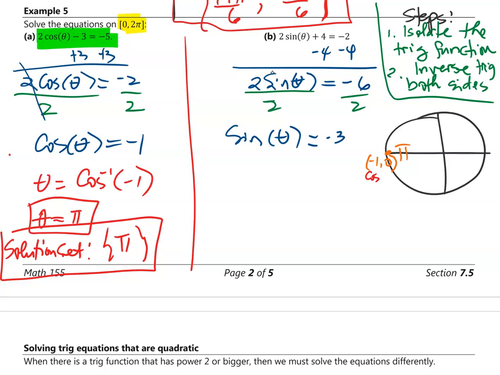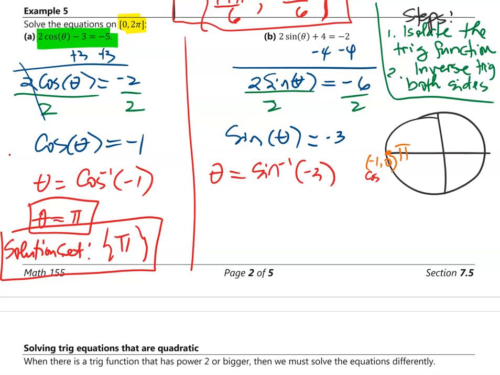And then inverse trig both sides. So theta is equal to inverse sine of negative 3. Note that in a unit circle, the range is from negative 1 to positive 1, and this is inverse sine of negative 3, so that is out of range of sine of theta. So we can say that there is no solution.